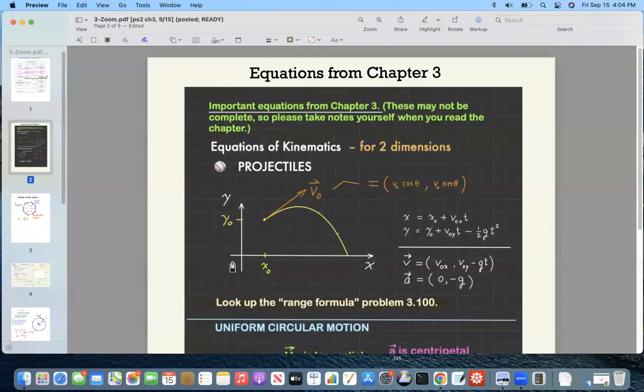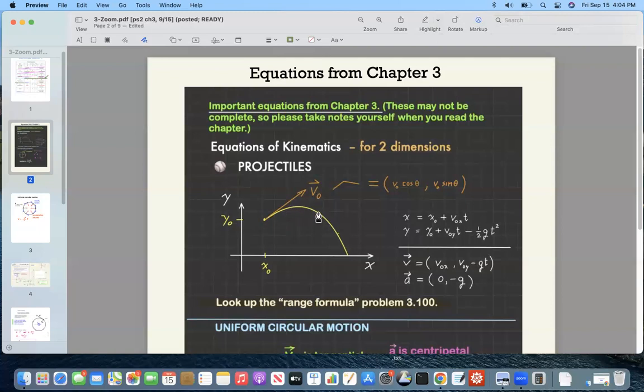So then the equation for y, the y coordinate, is y0 plus v0y times t minus a half gt squared. This is plus 1/2 the acceleration times t squared. But the acceleration is negative. The acceleration is minus g.